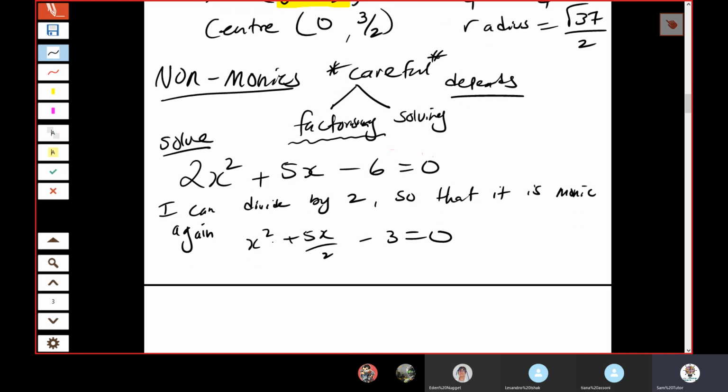And then from there you would have completed the square now. So you would have got bracket squared equals, you would have brought your constants over. X plus half of this is 5 on 4. Then you would have squared this. There it is. And then you pretty much finish it off.